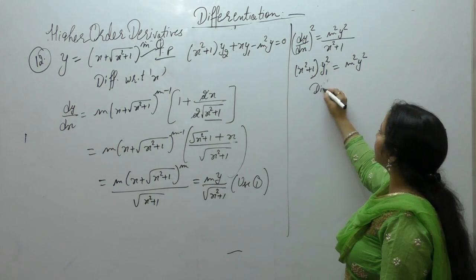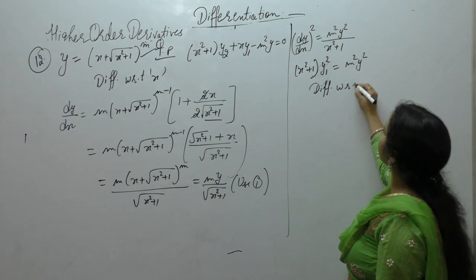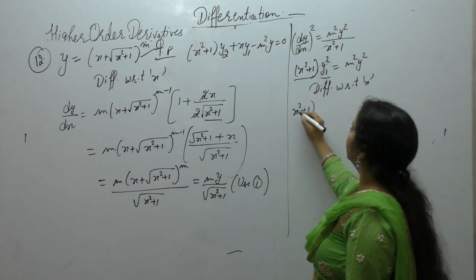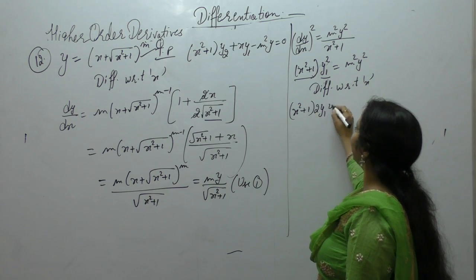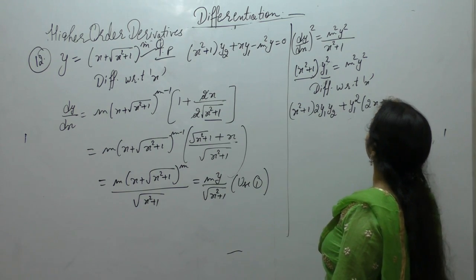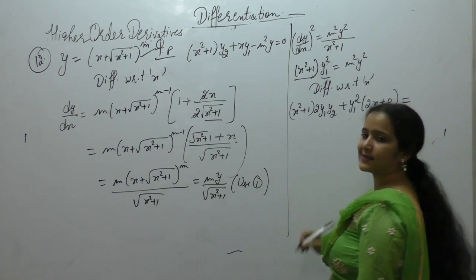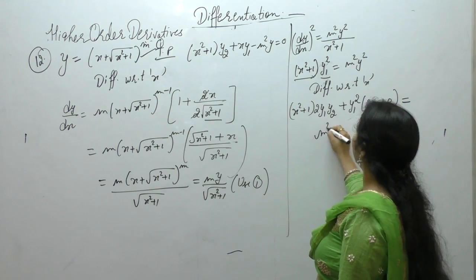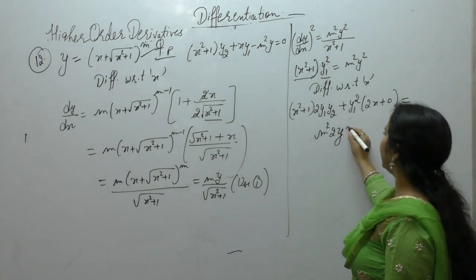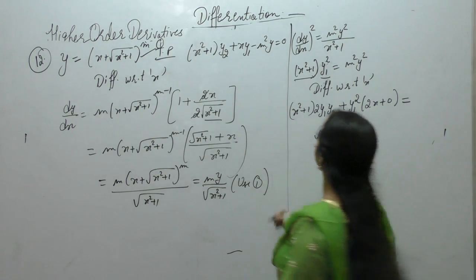Now again differentiate with respect to x. Using the u into v rule: first function, derivative of second, 2y1 y2, plus second function as it is, derivative of x square is 2x, derivative of 1 is 0, equals m square times derivative of y square, 2y dy upon dx, y1.